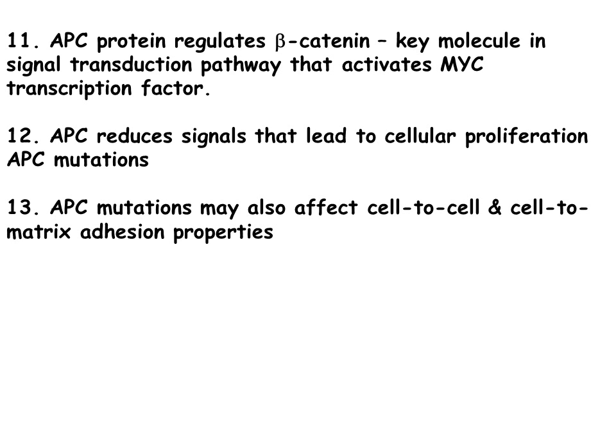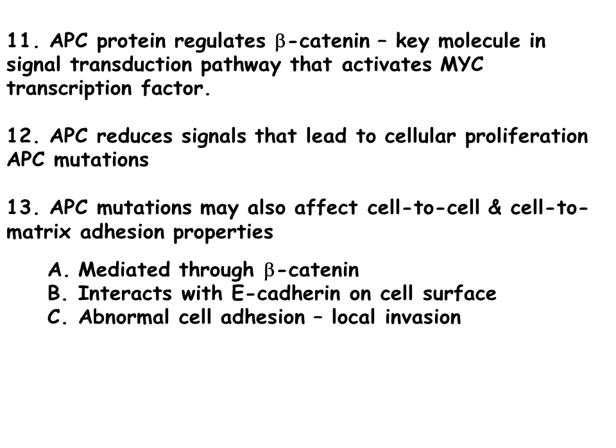So APC mutations may also affect cell-to-cell and cell matrix adhesion properties. Again, it's mediated through controlling beta-catenin, and it's because of the role of beta-catenin in cell-cell and cell matrix adhesion. It interacts with E-cadherin.